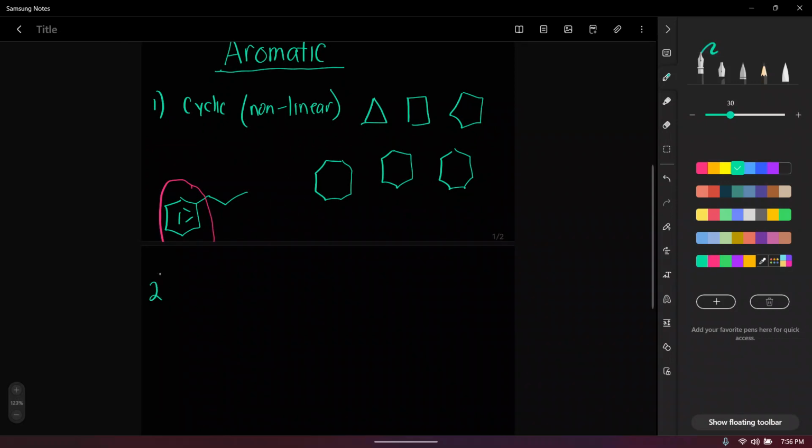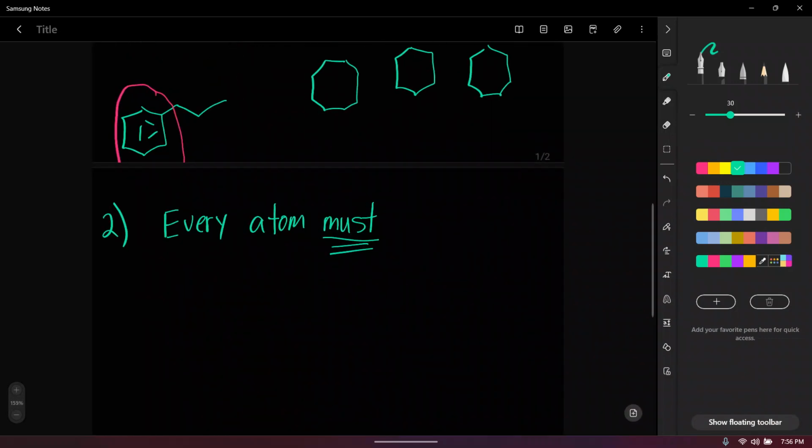The second criteria is that every atom must, and this is a very, very, very important must, every single atom must be sp2 or sp hybridized.